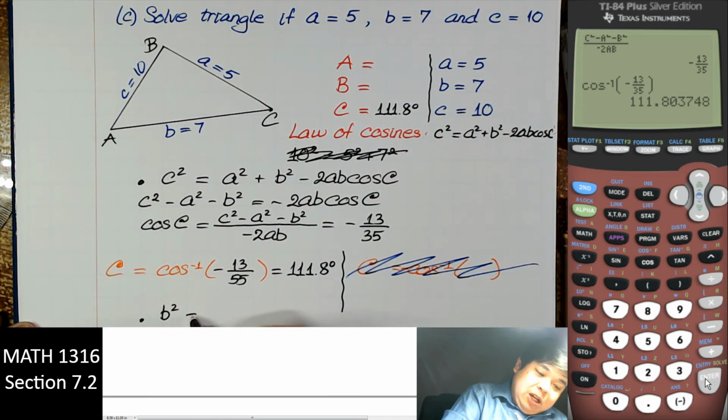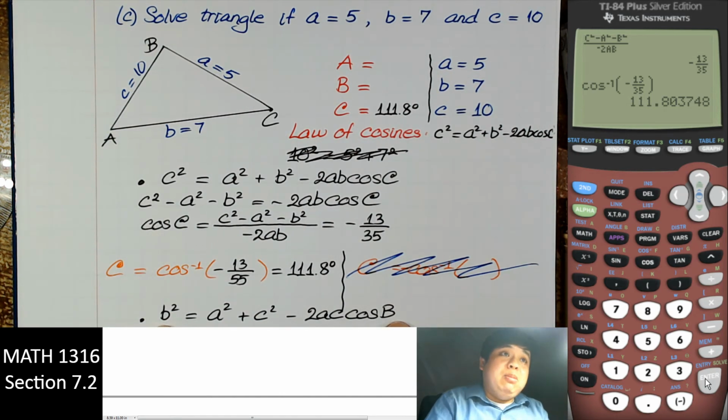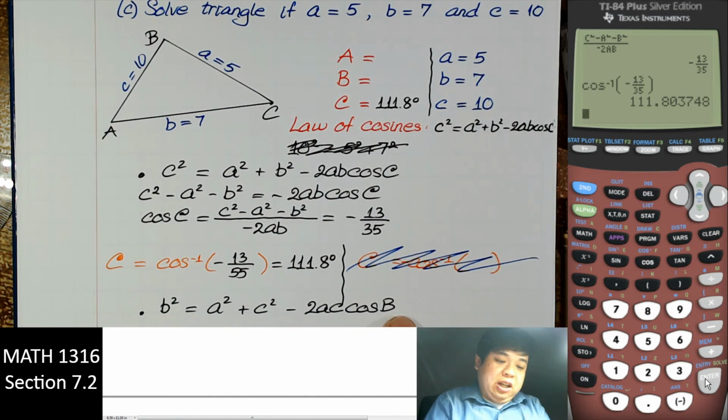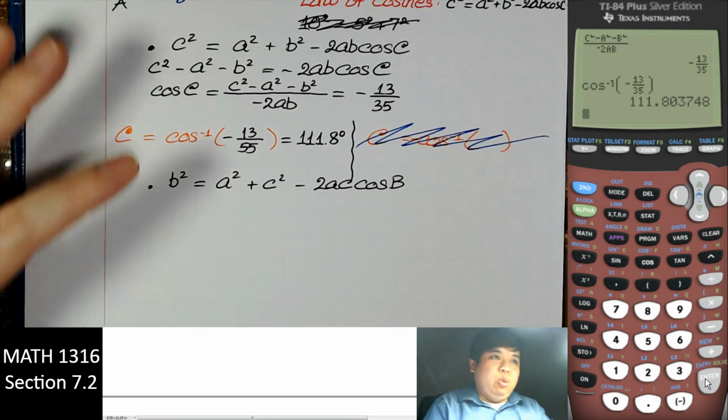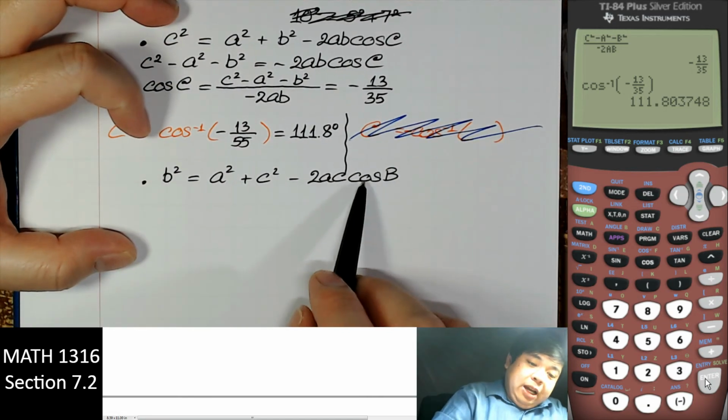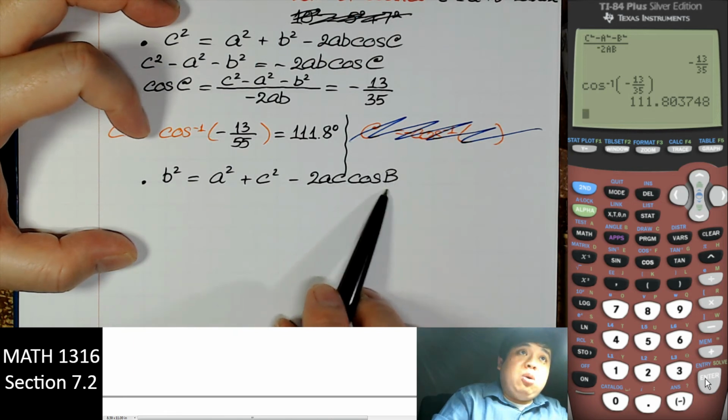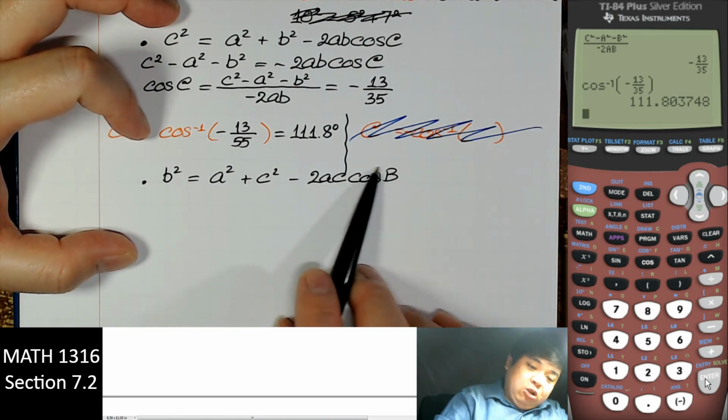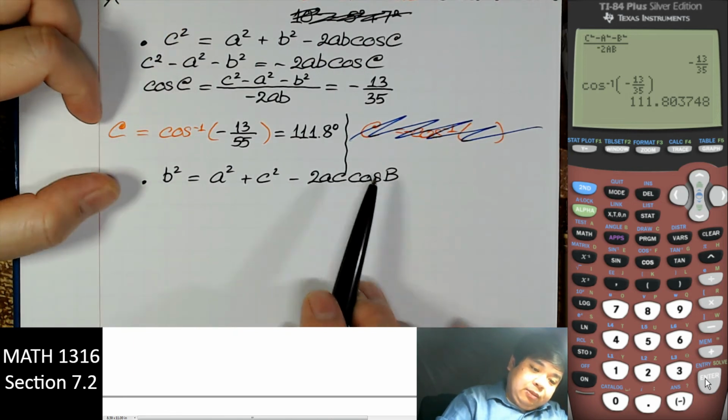B squared equal to a squared plus c squared minus 2ac cosine of b. As long as b and b match, we're good with the other two letters. Right. We know all the sides, just don't know the angle b. So we're trying to solve for cosine of b.